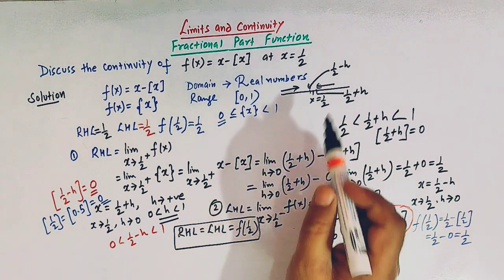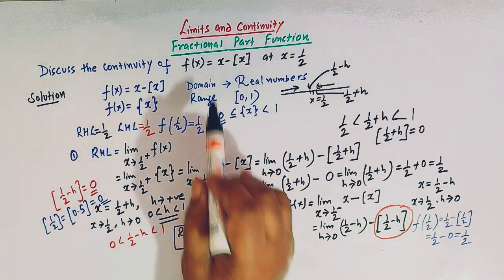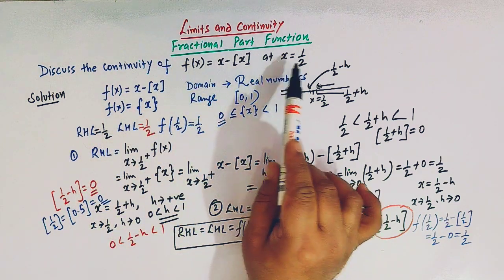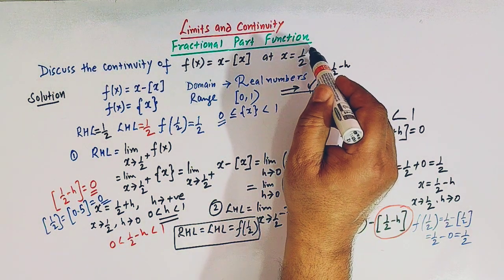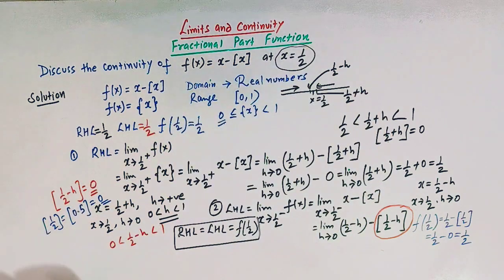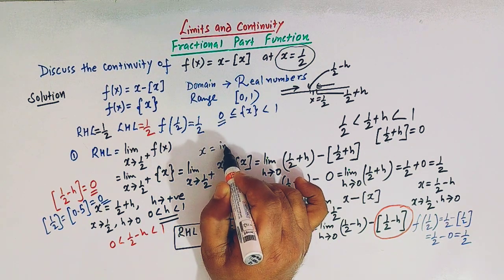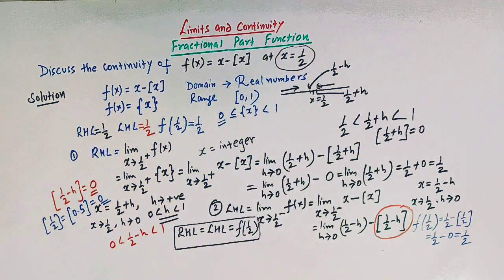So we can conclude that this function, the fractional part function, is continuous at x equal to half. Always remember that here we have taken a non-integral point, x equal to half. In some other video we'll discuss the continuity of the fractional part function when the point x is an integer.